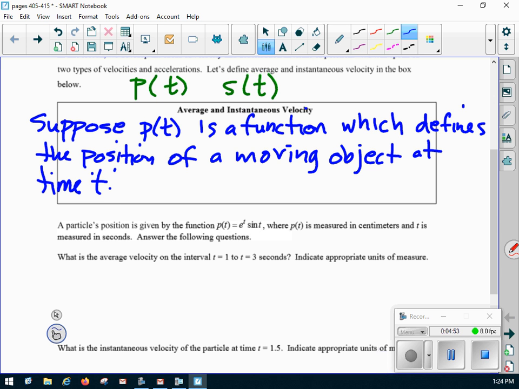Now I've got more to write because I haven't even addressed average and instantaneous velocity. Does anybody need more time to get that? Emily, you good?